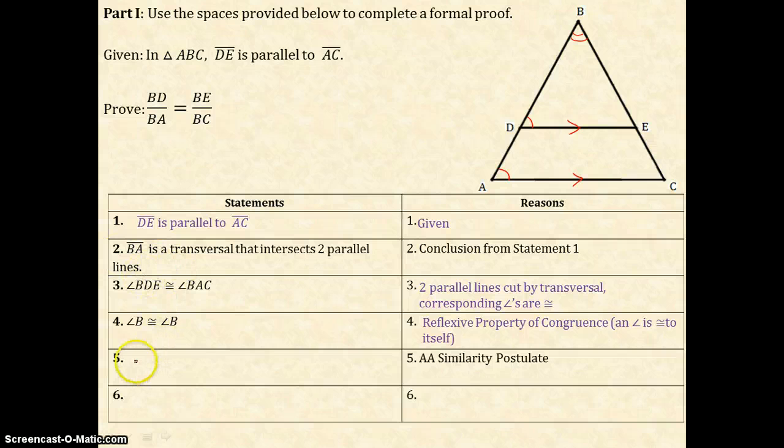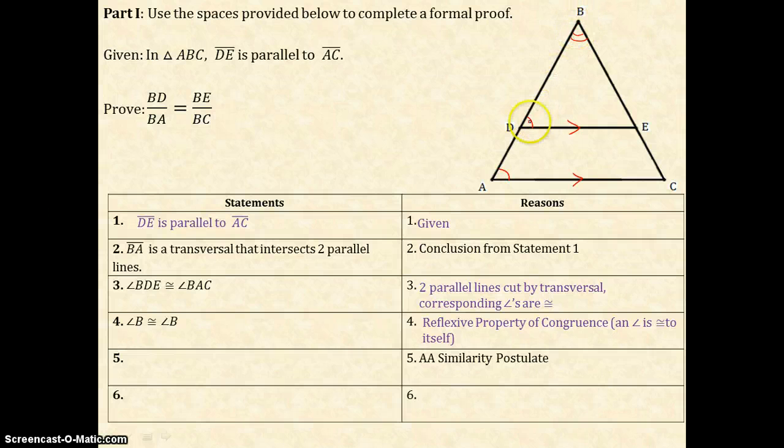An angle is congruent to itself. Now, for number 5, what could we possibly say if the reason we say it is the angle-angle similarity postulate? What does the angle-angle similarity postulate say? I think it says that two triangles that have two congruent angles are similar.